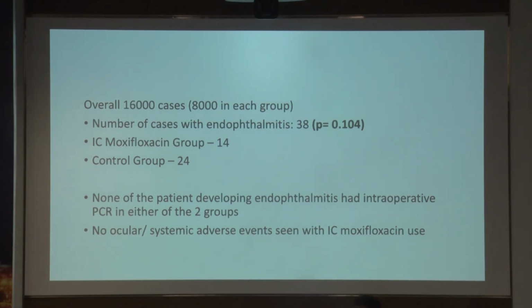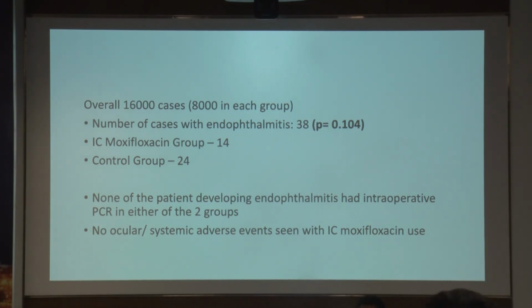Because this is a preliminary analysis done for this presentation, we are doing a subgroup analysis to see other intraoperative complications, like iris prolapse or dialysis, and what happens in those cases between the two groups.